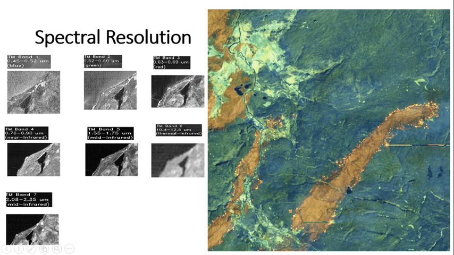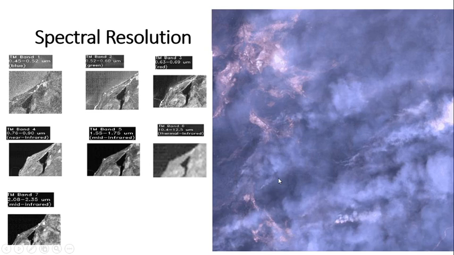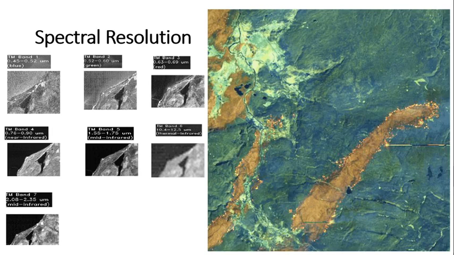From this I can clearly say that at this point, and somewhere here, this point, there are images of forest fire burning. So in this way we can use the spectral band information responses for detection of any particular event.